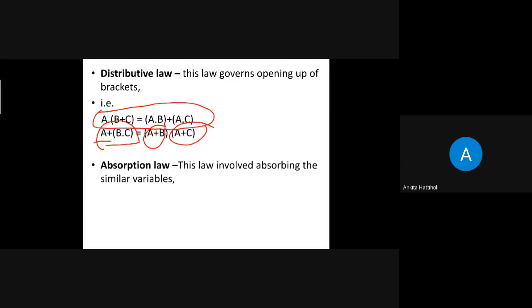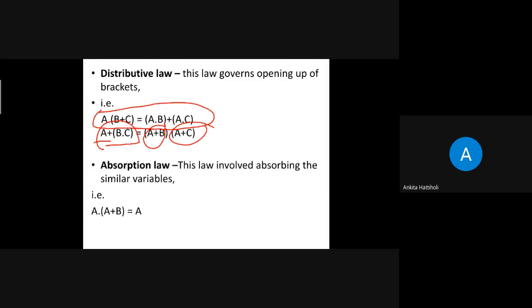So absorbing means to take in or to soak up. So similar analysis you can put here. Now in absorption law, what happens? One variable gets absorbed.